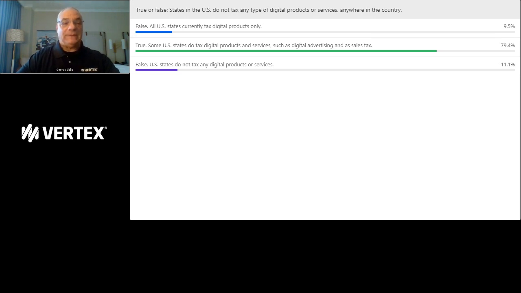States have current digital tax products only. At this moment, one of the main problems and challenges is that states are submitting, as you will see in a few minutes, digital advertising as part of sales tax. So in reality, digital advertising at this very moment is not allowed in the United States.